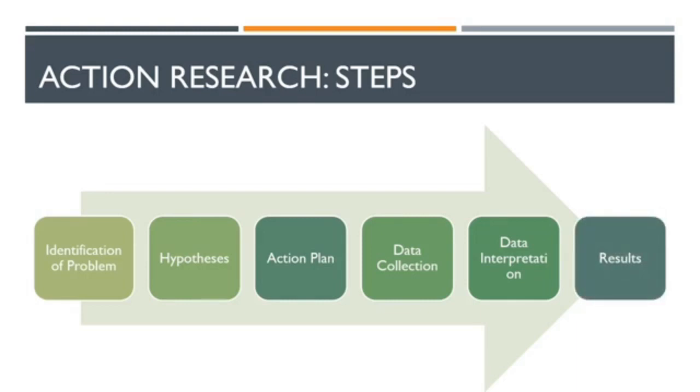And the last stage is results. Here, the researcher will discuss the findings of the research. In short, we can say that action research is a research carried out by school personnel to overcome regular school problems.